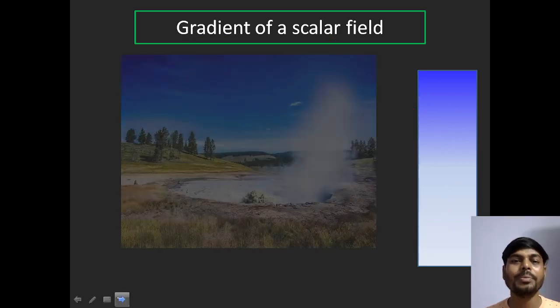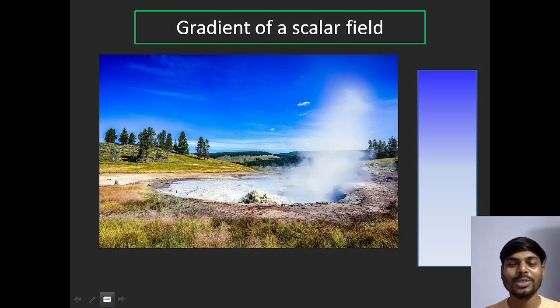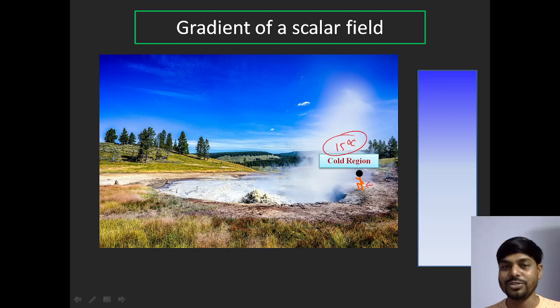So let's take an example. The same place you have just found in the previous slide. Let's say this is the cold region, and somehow you are here and think that this is about 15 degrees centigrade, but you need some warmth. You want to move away from this cold region to get some higher temperature.